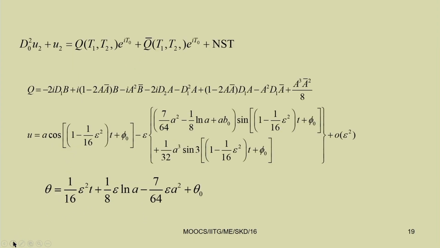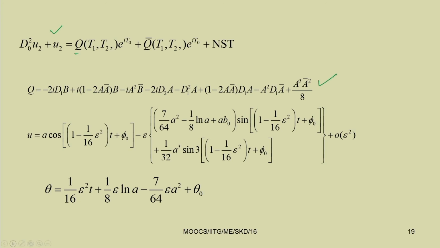But if we want to go for the higher order solution, we can substitute this expression for u0 and u1 in the third equation, that is d0² u2 plus u2 equal to the whole term, where this q can be written using this.